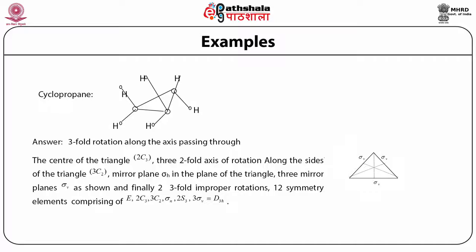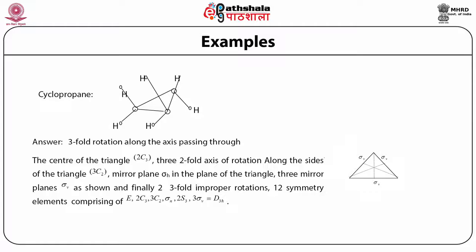Then there is a mirror plane sigma h in the plane of the triangle. In the plane of the triangle, obviously that is a symmetry. Moreover, there are 3 more mirror planes sigma v as shown in the slide.